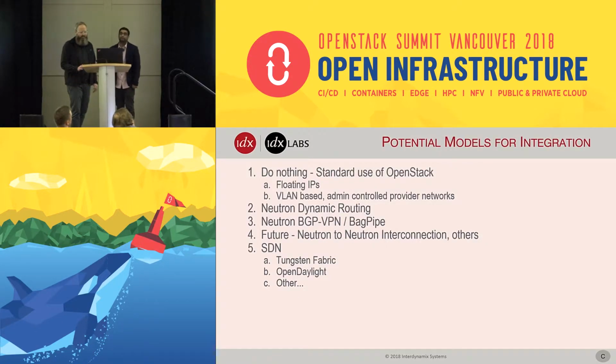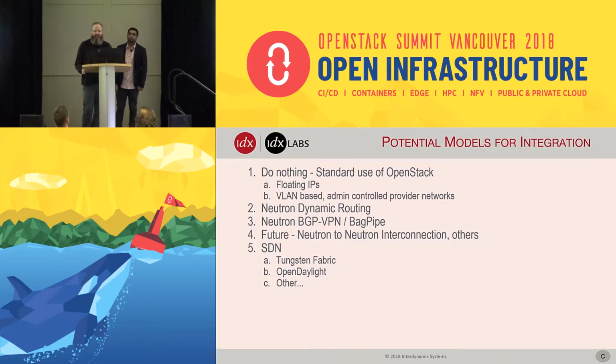So when we're trying to connect multiple OpenStack clouds to some sort of core network, we have options, and these are some of the options that we explored in this presentation. The first one, obviously, is that we just don't do anything special. We just continue to use constructs like floating IPs and provider networks. The next thing that we explored is the Neutron Dynamic Routing project.